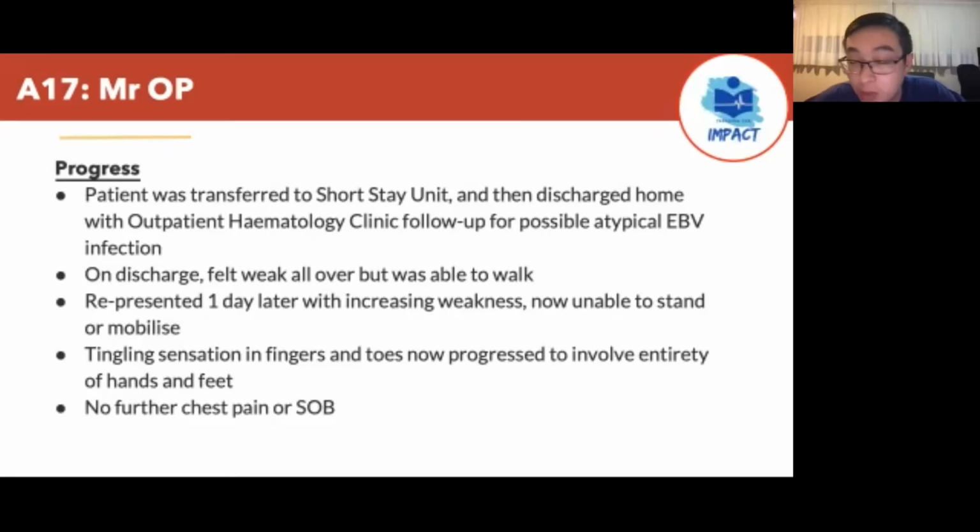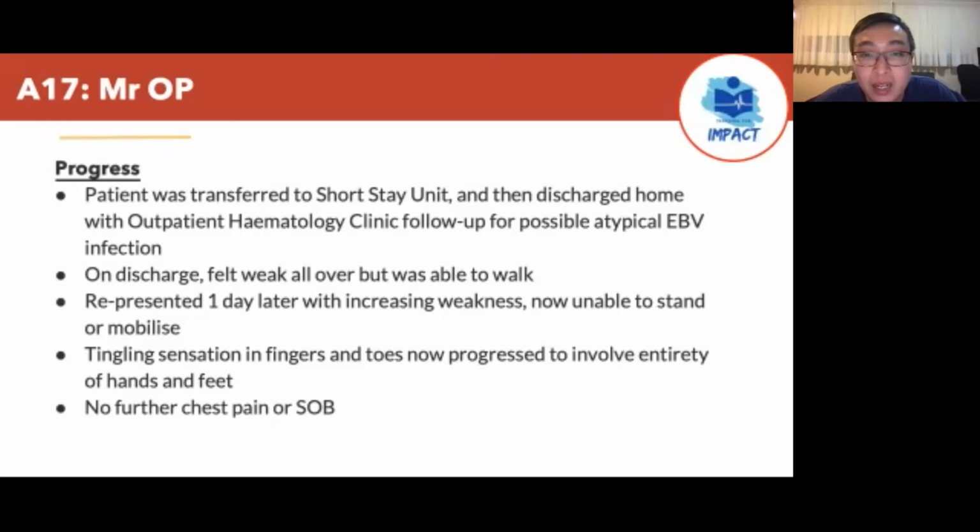So we called hematology, and they thought that it could be EBV infection, especially in a young guy like him, although it was a little atypical for a standard garden variety EBV infection.